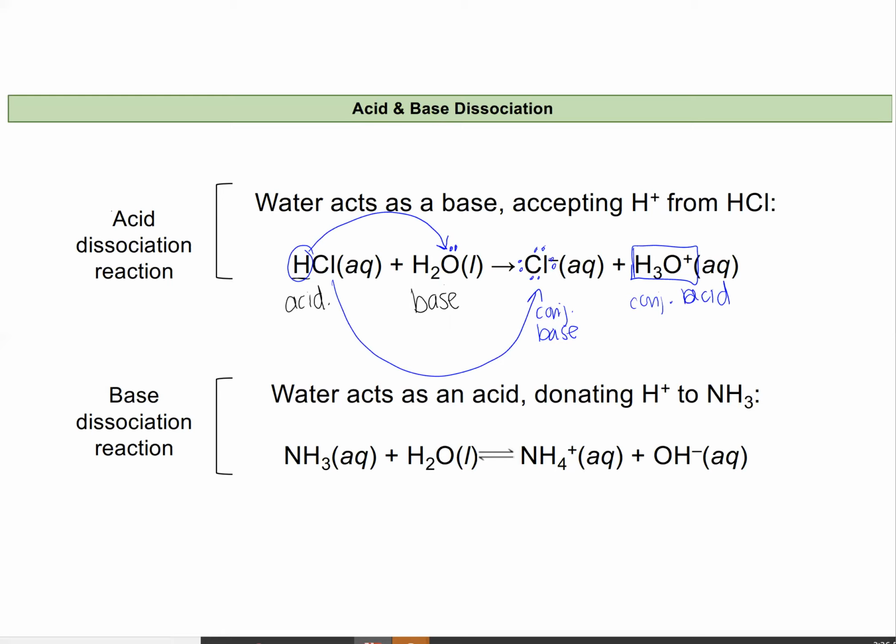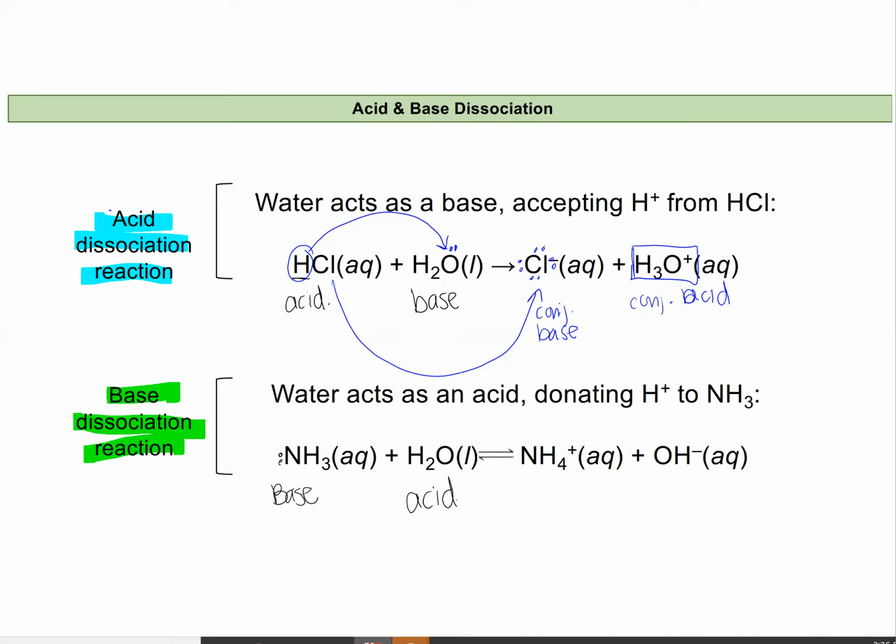And we call this an acid dissociation reaction because the non-water reactant is an acid. Now, if the non-water reactant is a base, then we'll have a base dissociation reaction. So NH3 is a base. It has a lone pair on the nitrogen. And if we put it in water, our water will act as an acid.